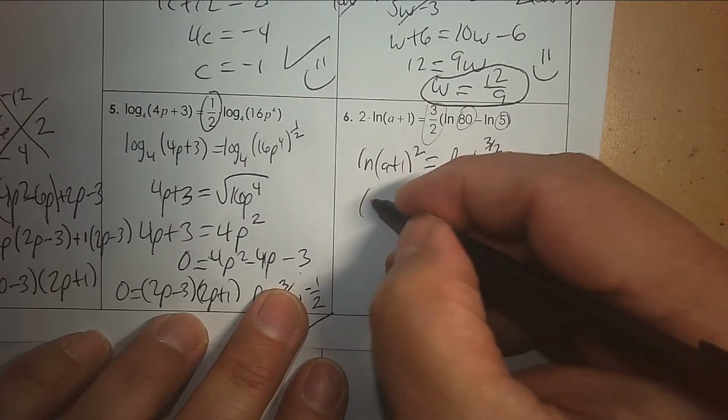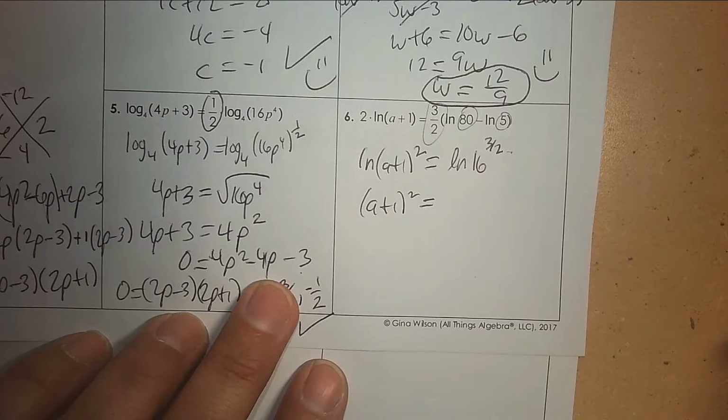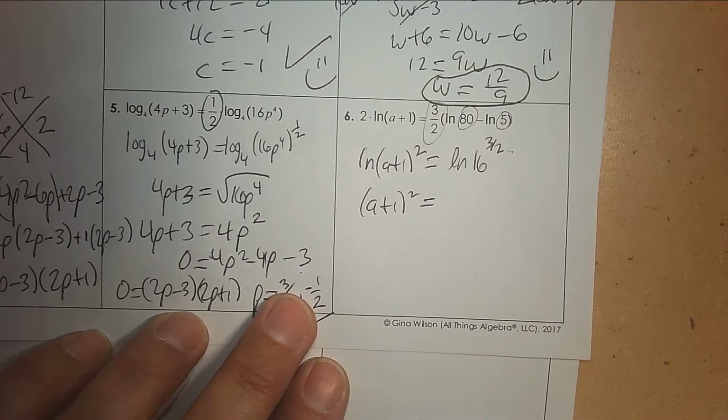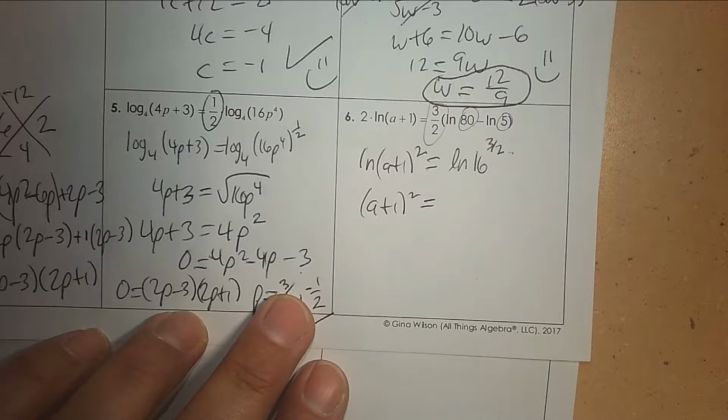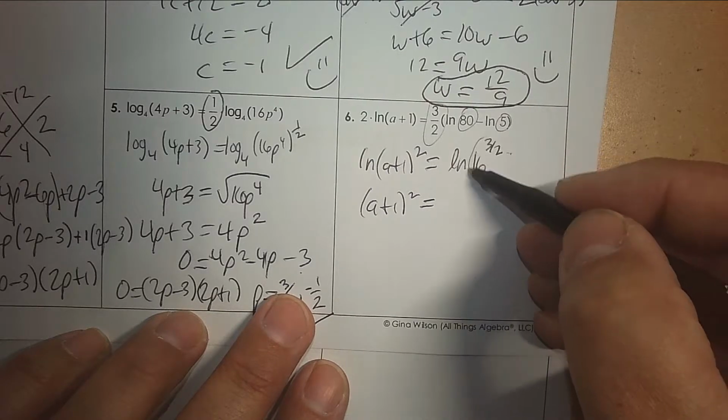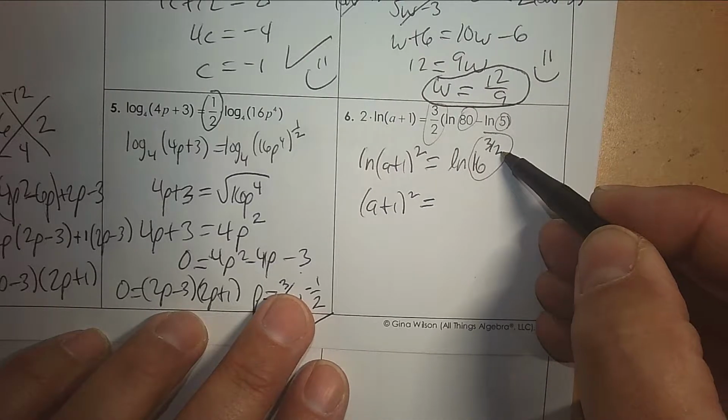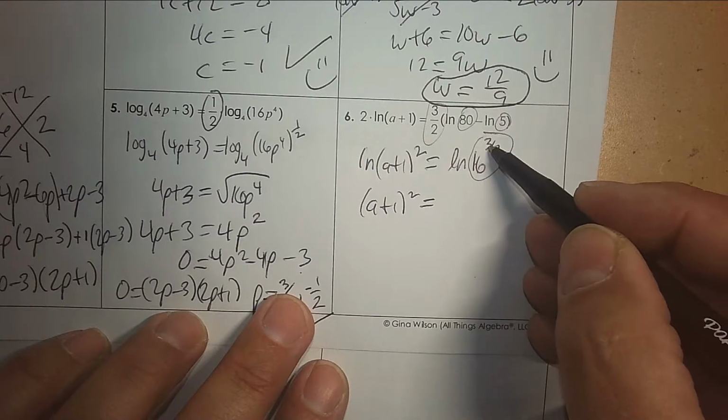Now we have a plus 1 squared is equal to, do you know how to do this? What's the square root of 16? 4. And what's 4 cubed?